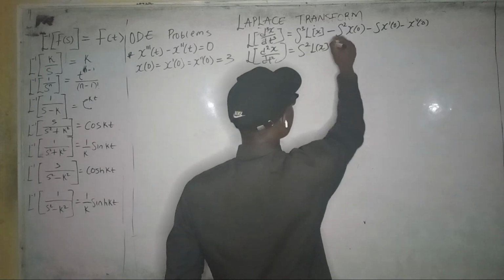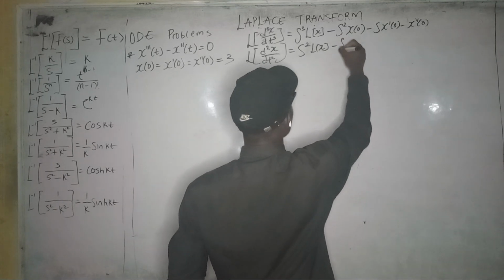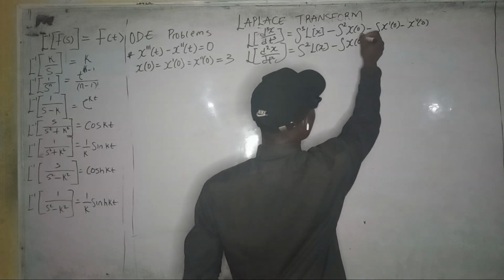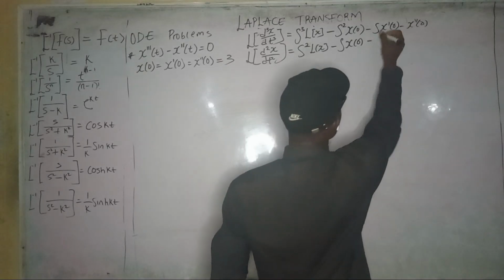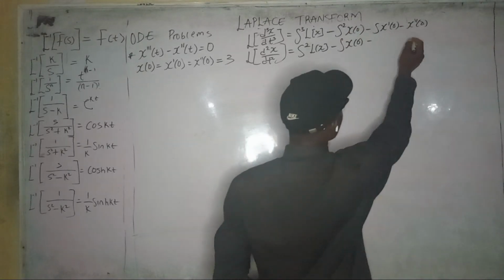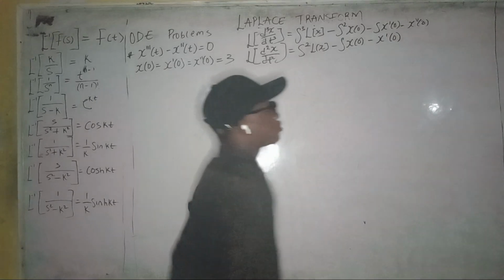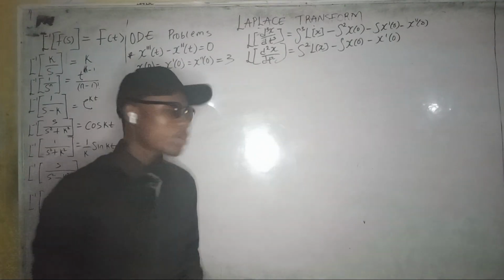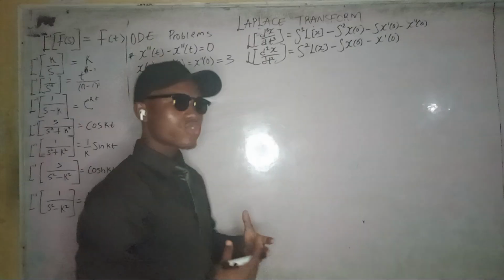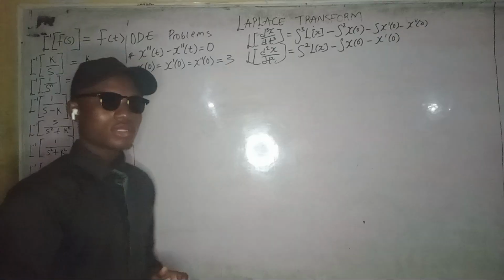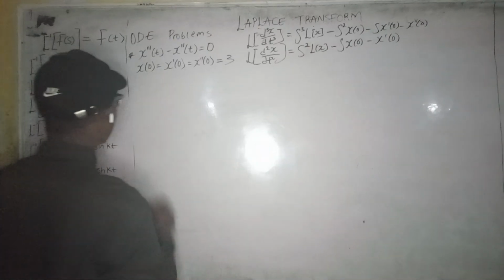What is going to be different is this: we have s times x of 0 before we have our minus. Since s to the power 0 is 1, the next one is x prime of 0. You can see the pattern that we have here. We just need to understand how this pattern works, then you are going to be able to understand the Laplace transform of ODEs.